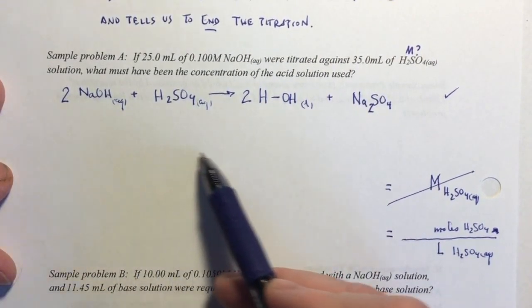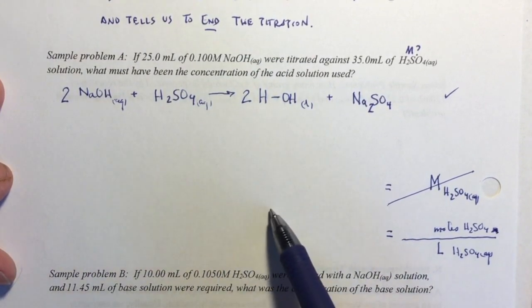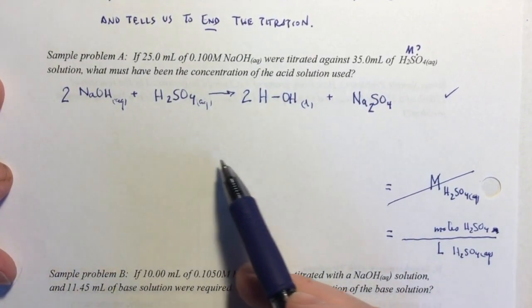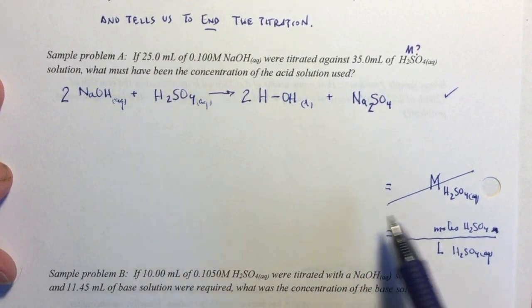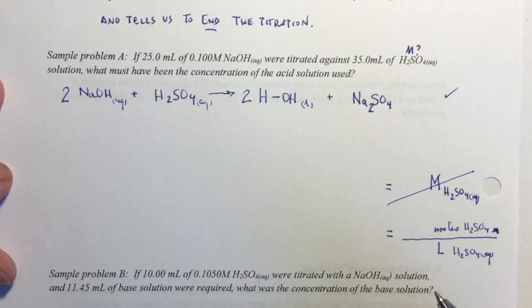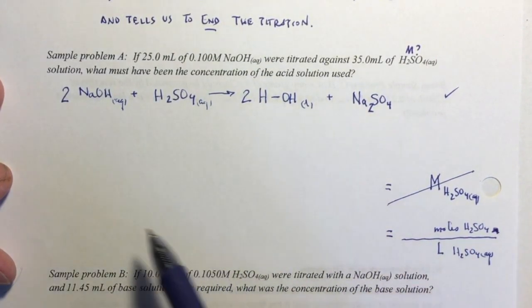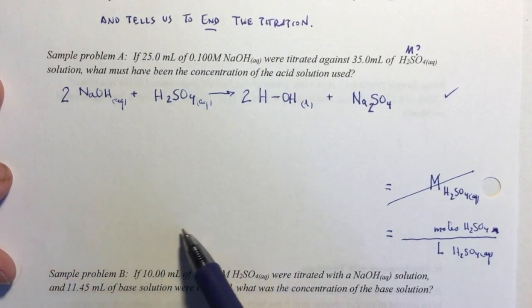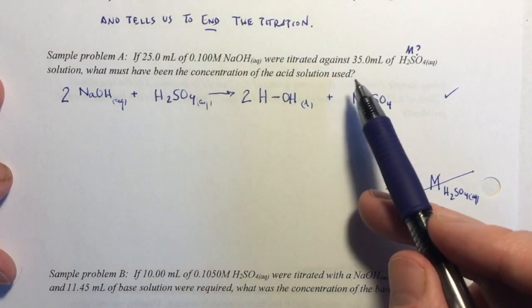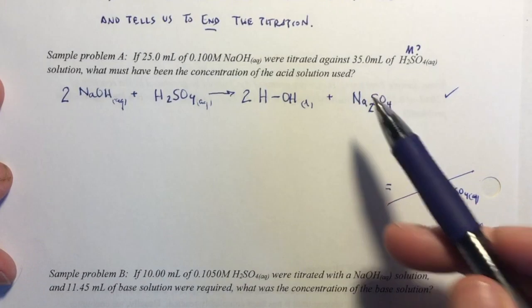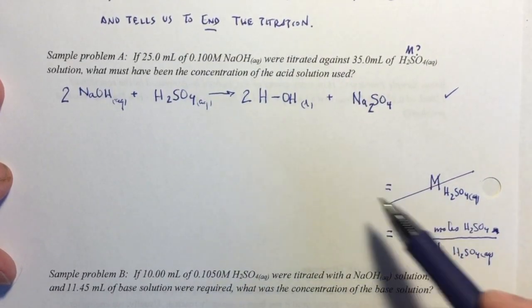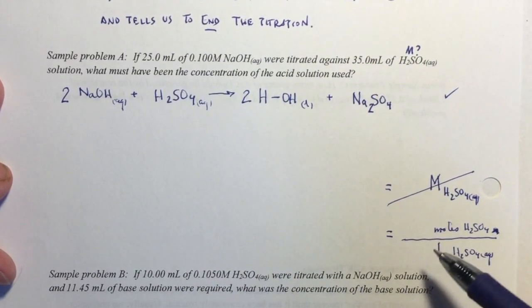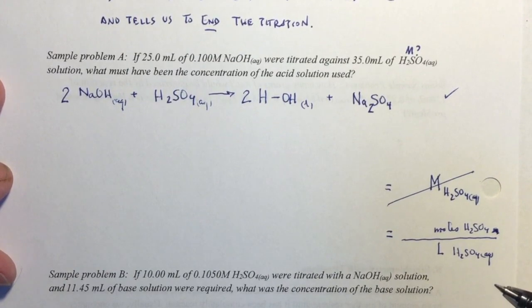So I'm going to have two little calculations here. One calculation is going to be a dimensional analysis to figure out how many moles of sulfuric acid I have. The other calculation will be a little dimensional analysis to convert between milliliters to liters. And when I have the answers to those two, I'll just plug them in right there, and then I can resolve it for my answer.